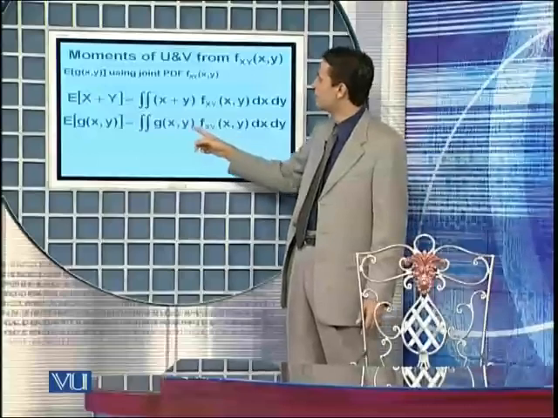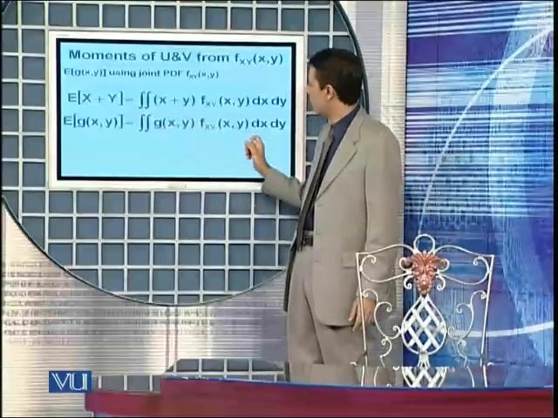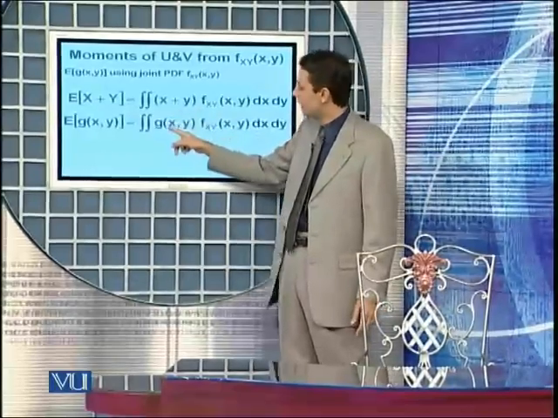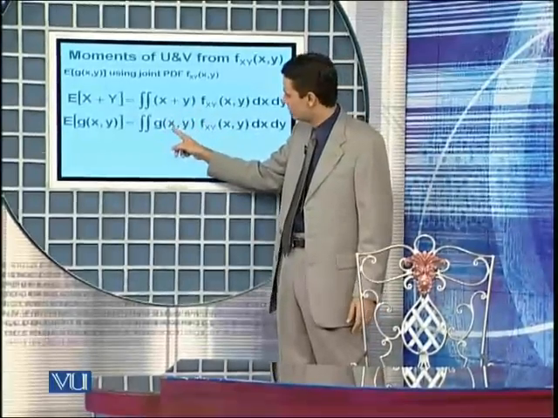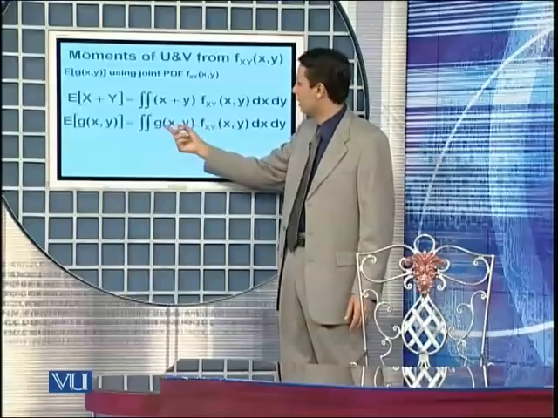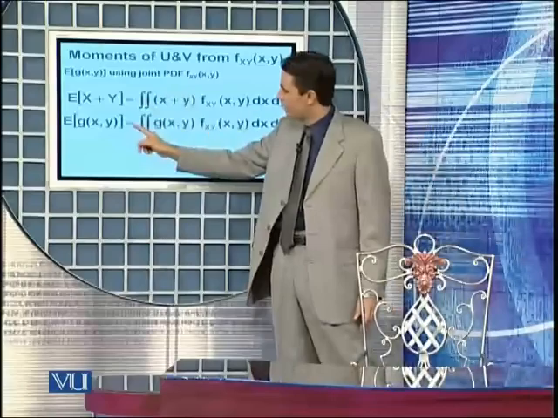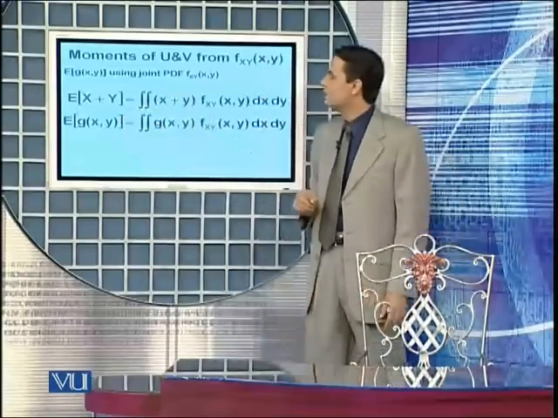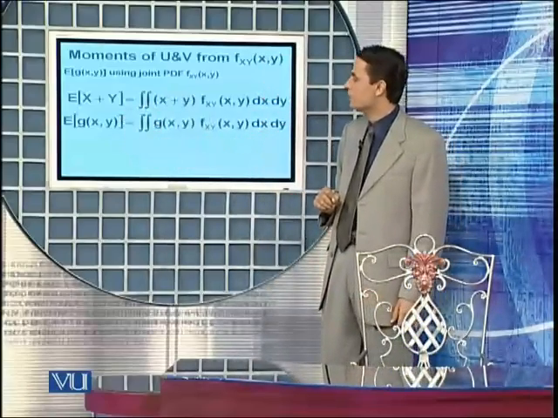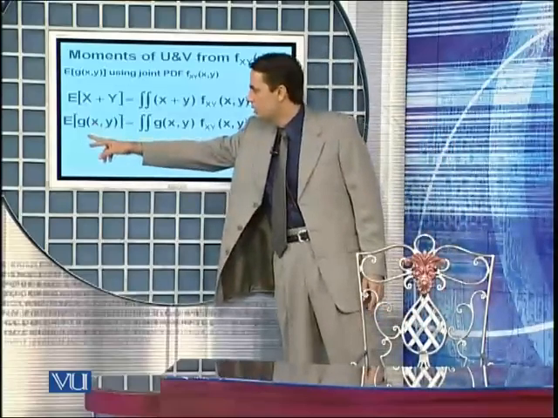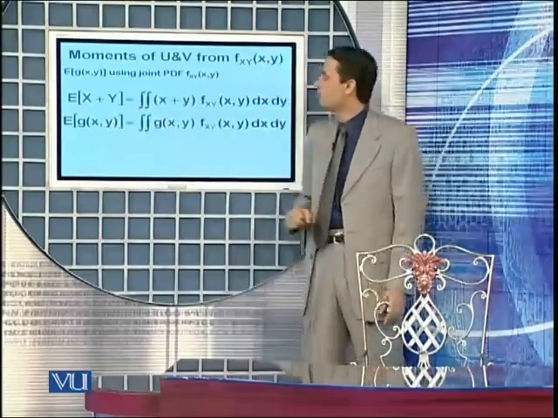All you have to do is multiply this joint PDF of x and y with this transforming function, which gives you the value of z from values of x and y. If you use this expression, you will easily get the expected value of the transformed random variable z, where z is g of x and y.